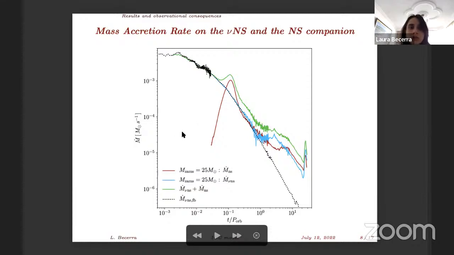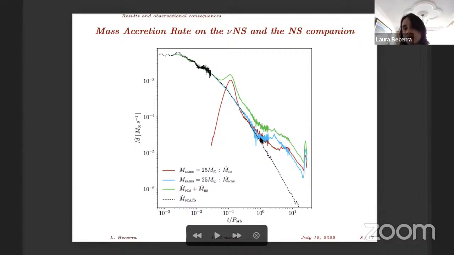And with the simulation, from the particle list, the mass of the particles that have been accreted, we can calculate the mass accretion rate for both of the stars. So here we see in blue the accretion rate of the new neutron star. We initially have some fallback accretion rate, but this decreases rapidly with time.